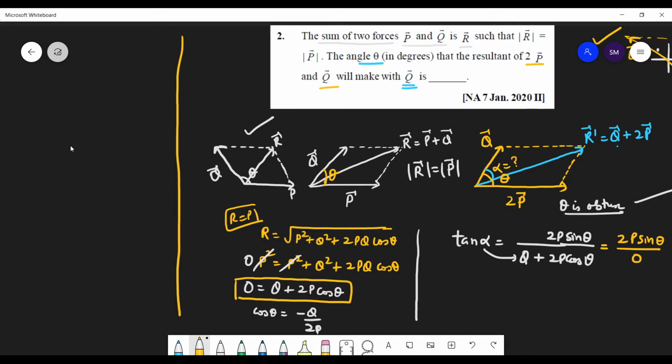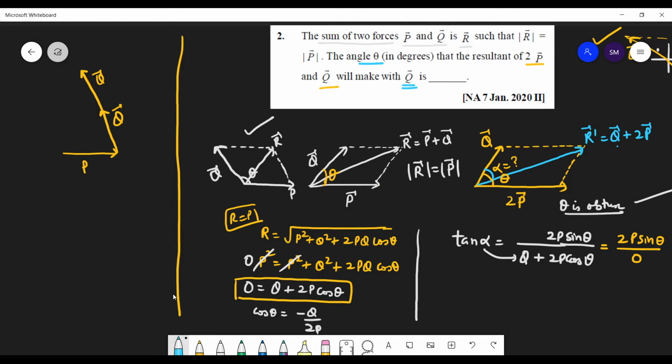Suppose this is vector P, this is vector Q. Now again there is Q vector added again, so that's 2Q.